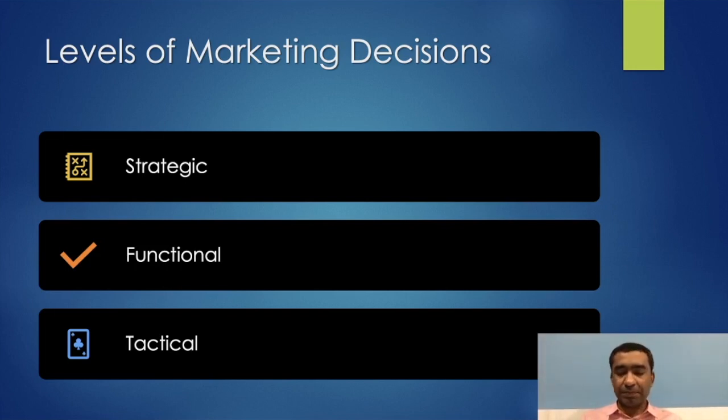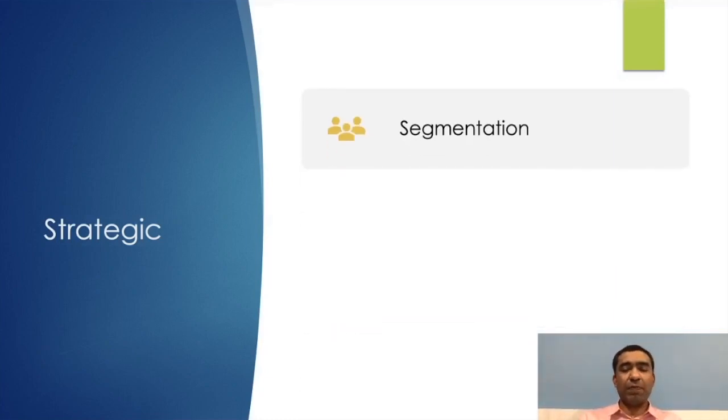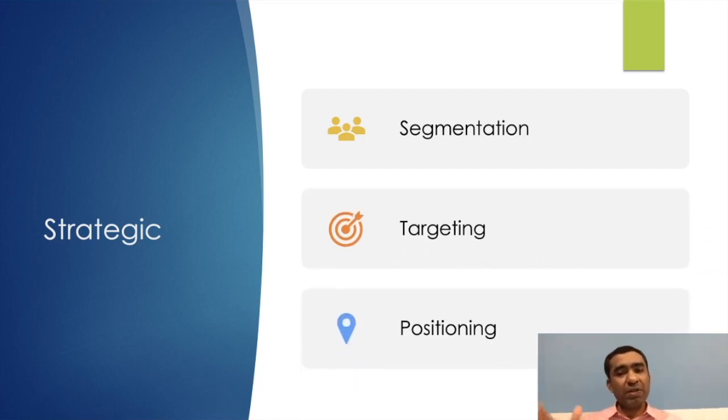Okay, now let us consider the strategic decision making factors of marketing. So how can you classify the strategic decisions of marketing? The first is segmentation, targeting, and positioning. So what are the different segments of your customers?